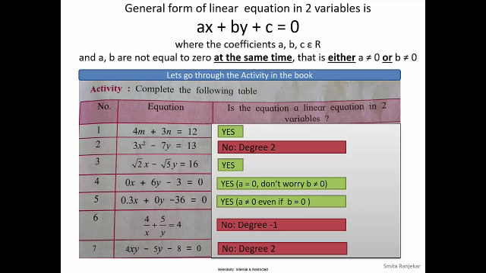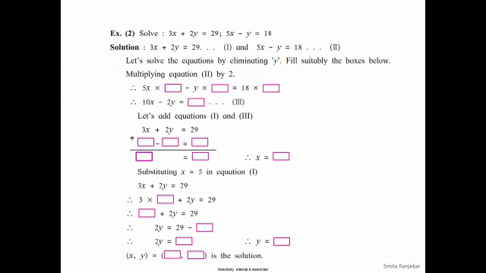Now we are going to see how to solve linear equations in two variables. So for that, first we are going to complete one activity from your textbook. So all of you open page number 3 from your textbook.